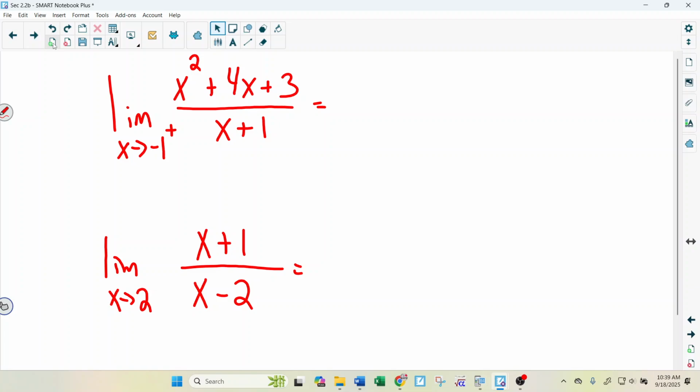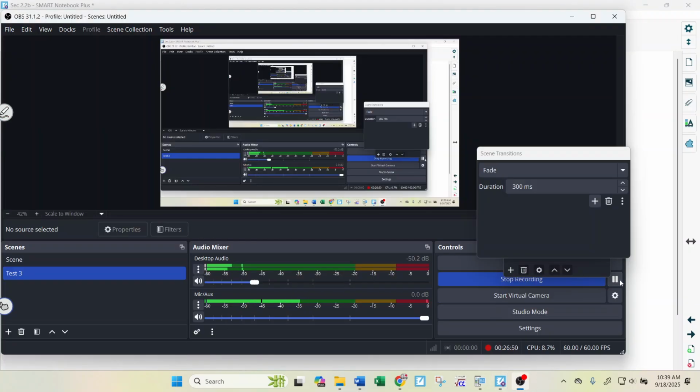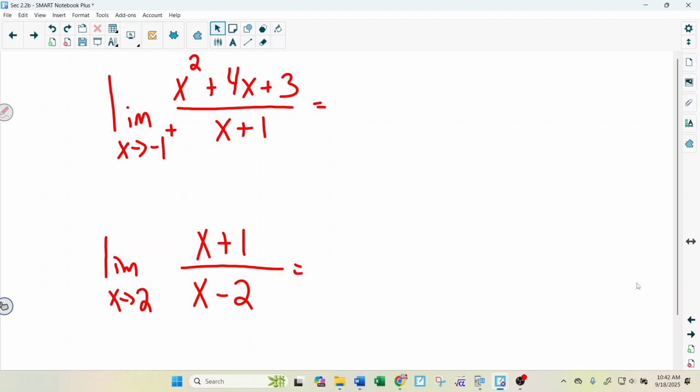Write them down. Try those 2 and then come back and look at it.